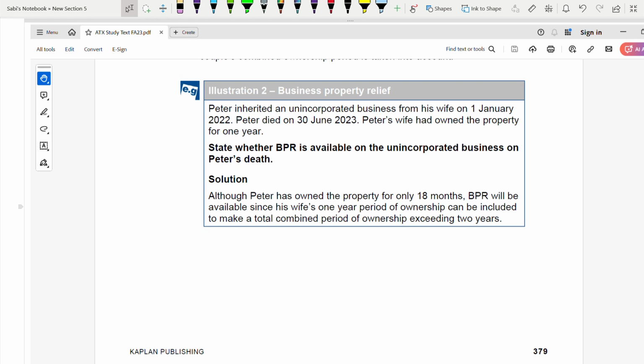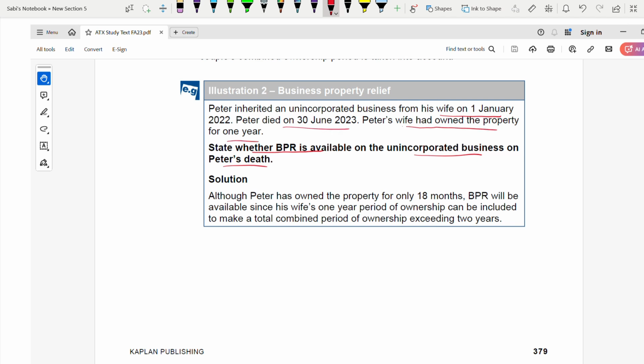So illustration 2. State whether BPR is available on the unincorporated business on Peter's death. Peter inherited an unincorporated business from his wife on 1st Jan. Peter died on 30th June 2023. Peter's wife had owned the property for 1 year. Okay, so if you check from 1st of Jan 2022 till 30th June, just calculate and see whether it's 2 years or not.